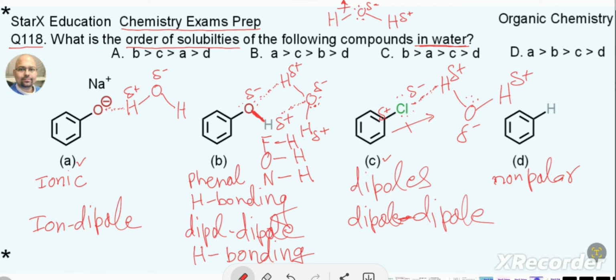Now the fourth and the last species is nonpolar, so it would not have a permanent dipole. So this one would have London dispersion forces, also called van der Waals forces of attraction. So this will have a temporary dipole, and there will be interactions of those temporary dipoles with the permanent dipoles of water.